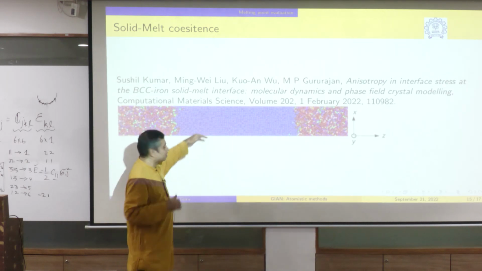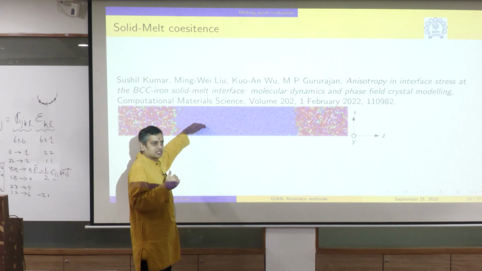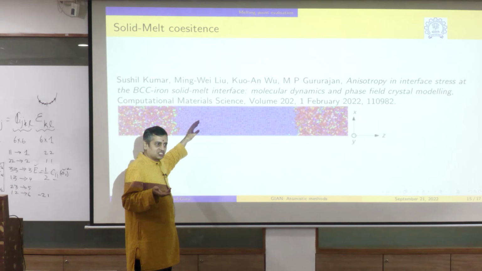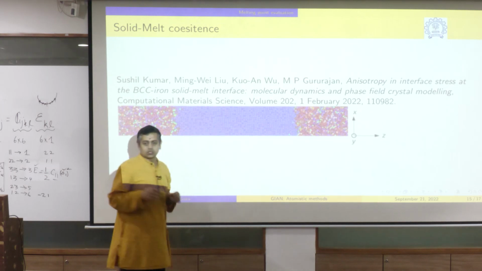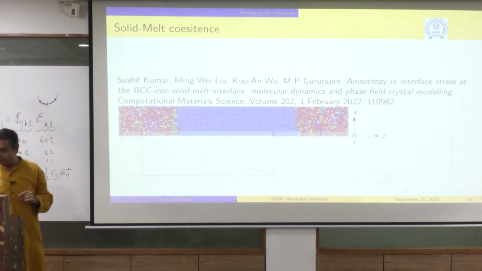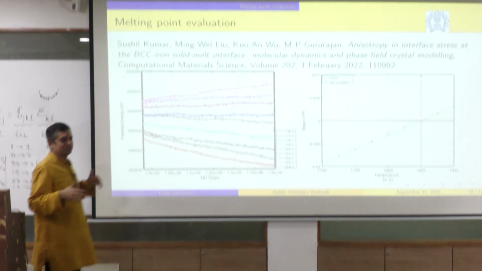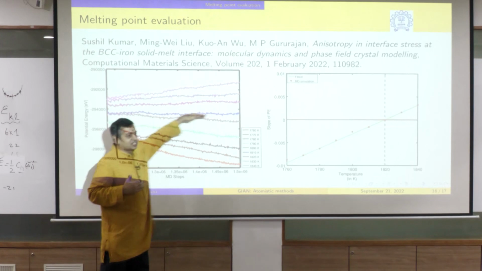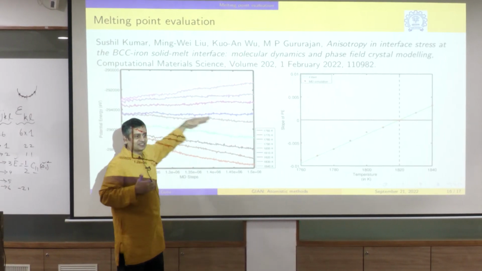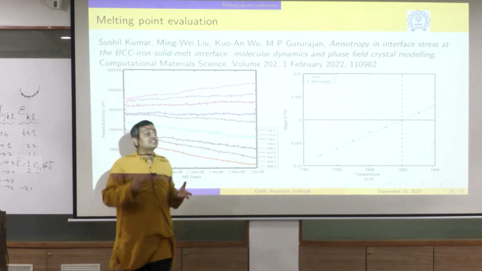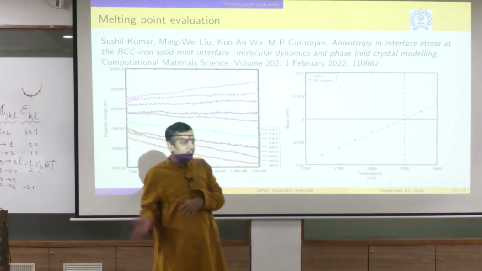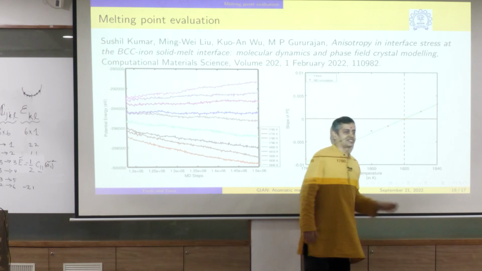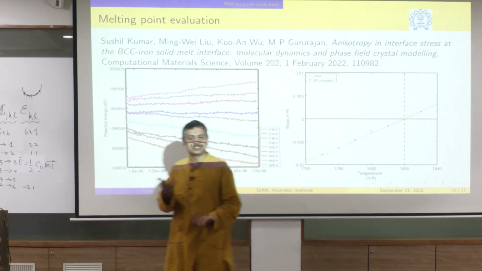On the other hand, if you keep it just above the melting temperature, the liquid will grow, again leading to potential energy change. So you track the potential energy change by keeping it quite close to the melting temperature, and find that system for which the potential energy curve is flat, there is no change, which means there is no melting or freezing that has happened. So you fit it and you get the melting temperature.